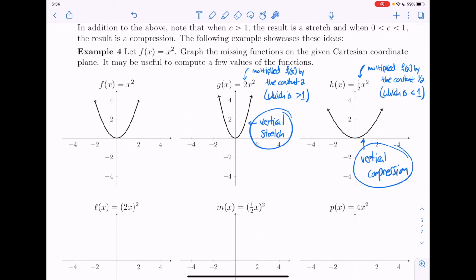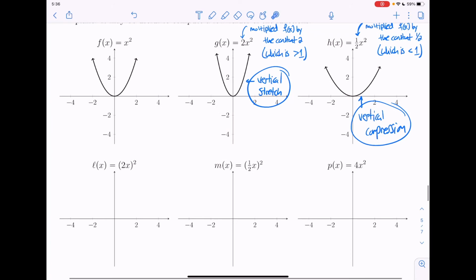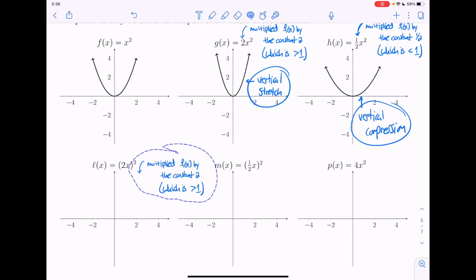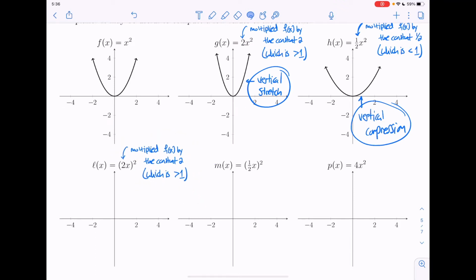And so we can look at an example. Here I'm going to take f of x equals x squared, and now I'm going to multiply the inside by 2. So here I've multiplied not f of x, but I've multiplied x, the inside, by 2, which is greater than 1.